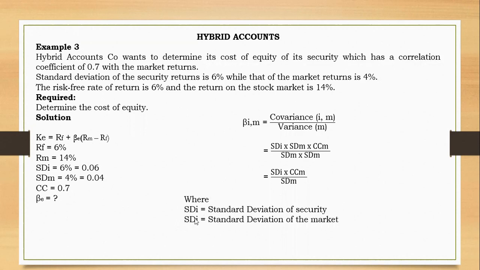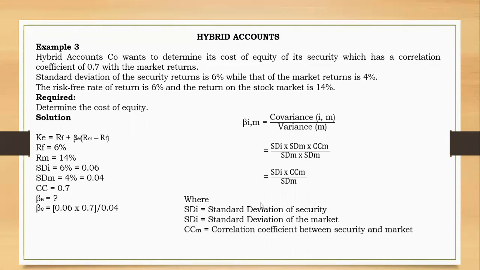And then I have CCIM, which is the correlation coefficient between the security and the market. So it's CCIM, not just CCM. And then I can come and get my formula here.